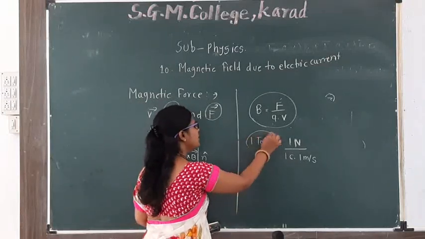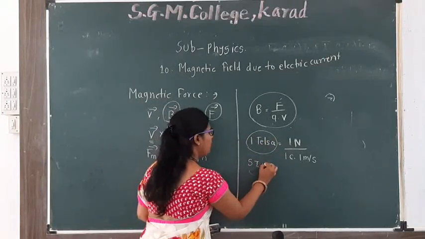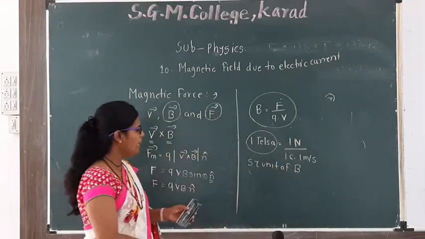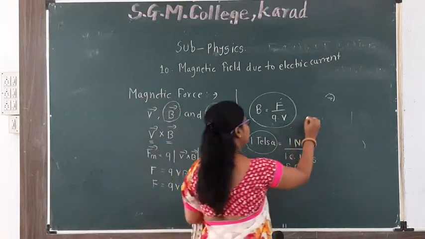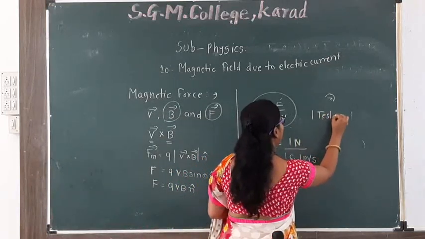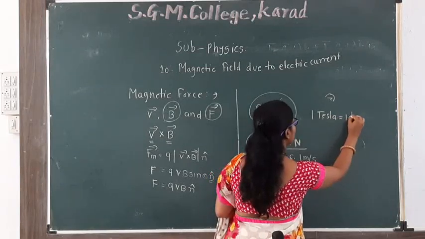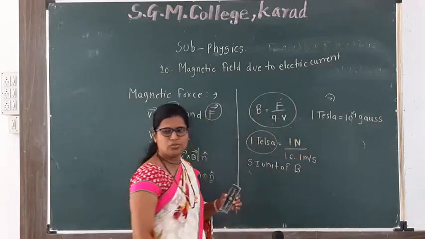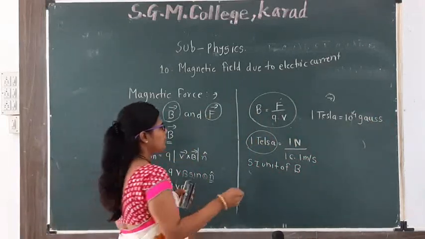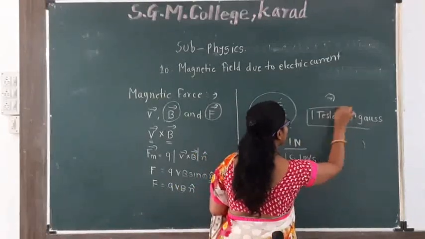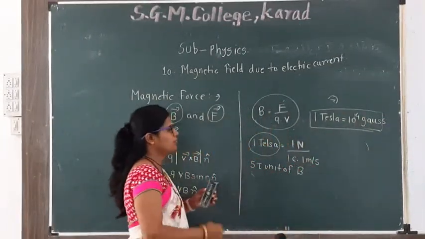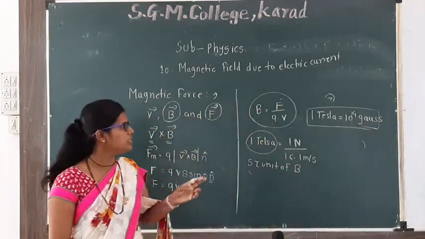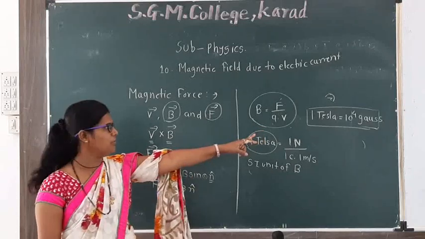Therefore, 1 Tesla is the SI unit of magnetic field B. The relation is 1 Tesla is equal to 10 raised to 4 Gauss. Gauss is not an SI unit, it is a convenient unit.